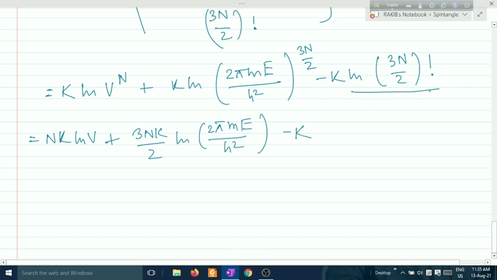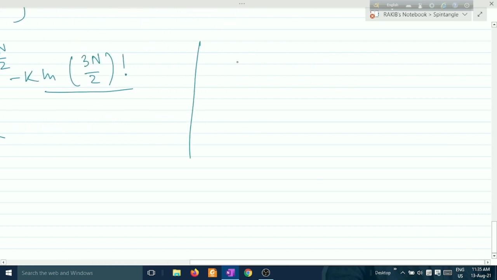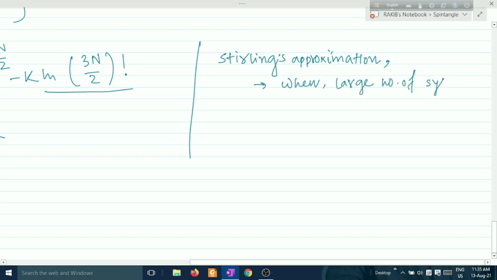What will this term be? Remember one important formula called Stirling's approximation. This is the approximate formula used when there is a large number of system particles.